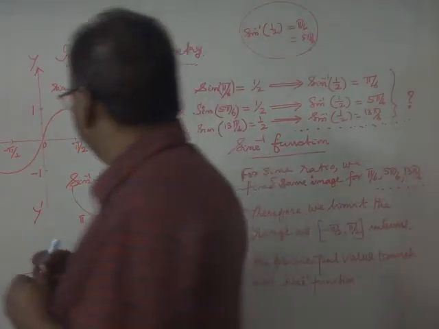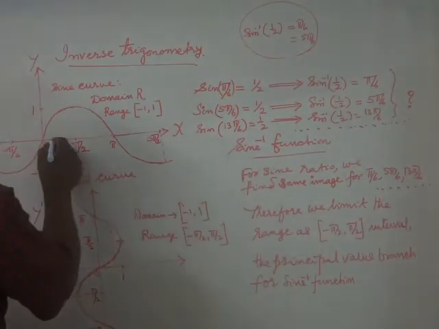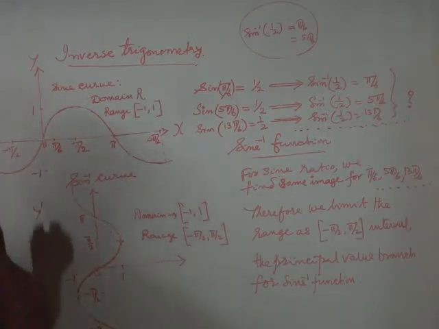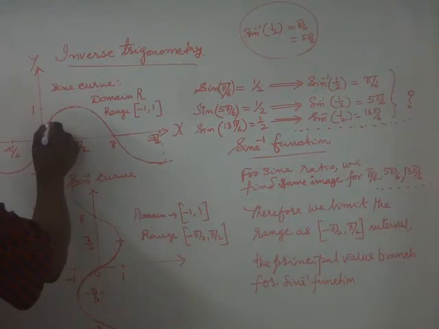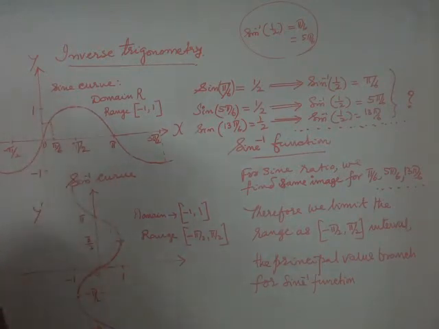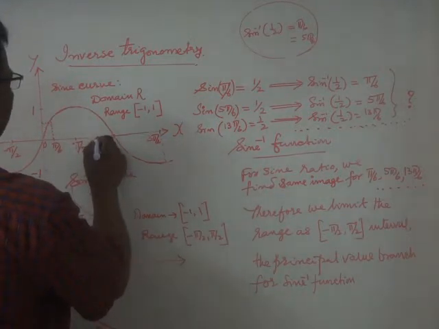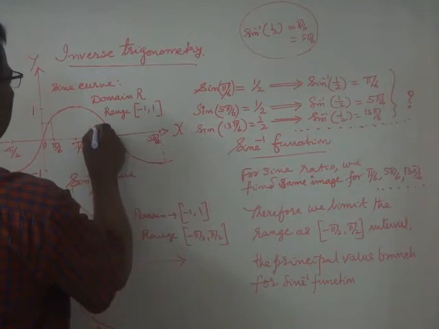Consider pi by 6. That means 30 degrees, sine 30. The value of sine 30 will be half. What about sine 150? That is 5 pi by 6.